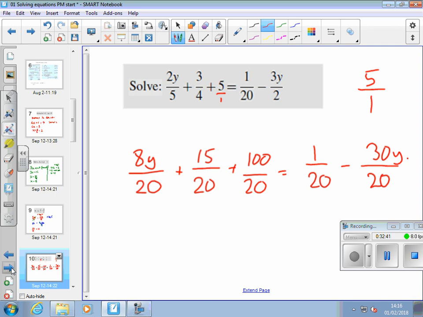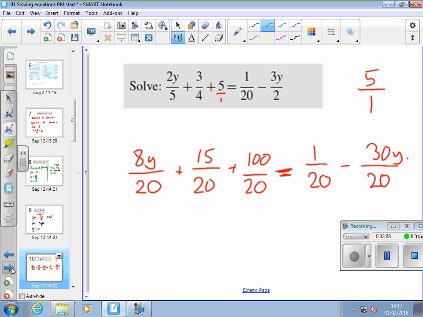Right, is there anything I can do, you can see immediately, to simplify that? Yeah, I could do, but it can't do anything. And there's an equal sign in here. Yeah. 15 20ths and 100 20ths, yeah?